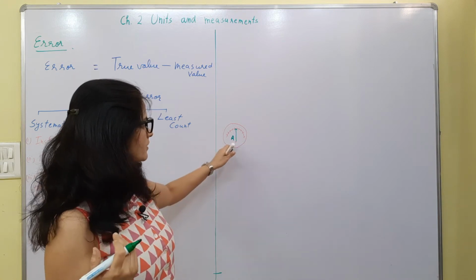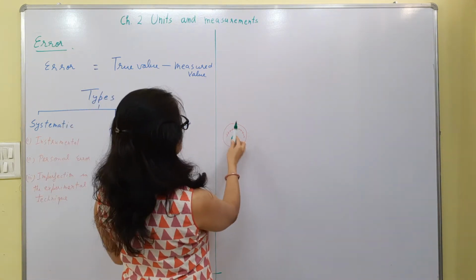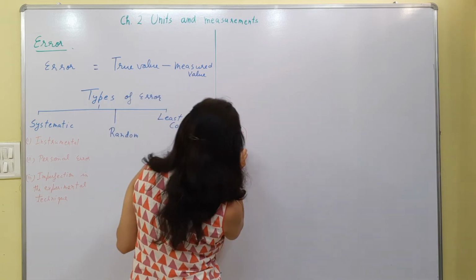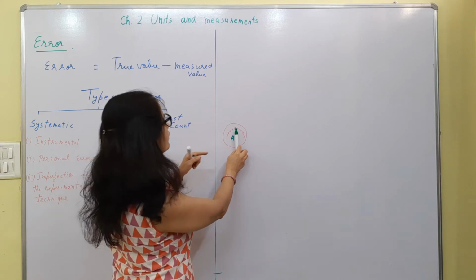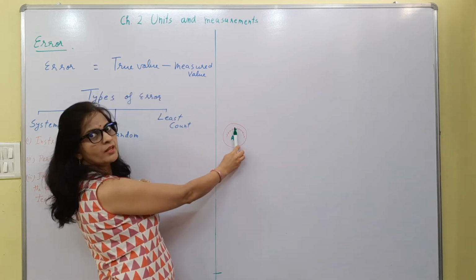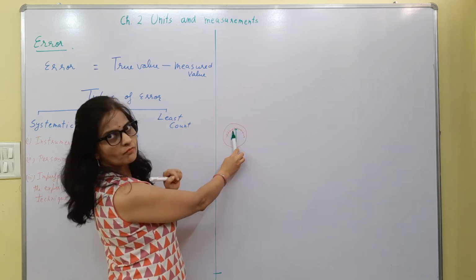If you look at this reading by keeping your head just above the needle, you'll get the accurate reading. Now, if I look at the needle from some side, I will feel that the reading is not here but somewhere here, right?